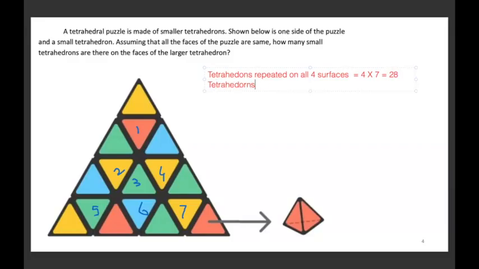Next, we look at tetrahedrons on the edges. Total edges that the big tetrahedron has will be 1, 2, 3, 4, 5, and 6. 6 multiplied by 2 tetrahedrons on one edge, that is 12.